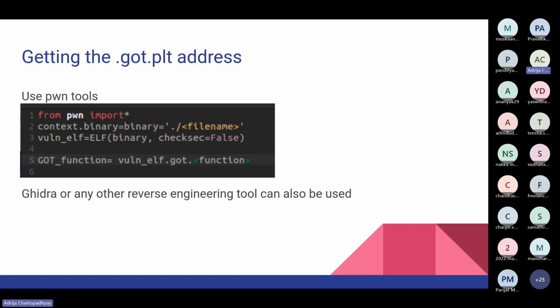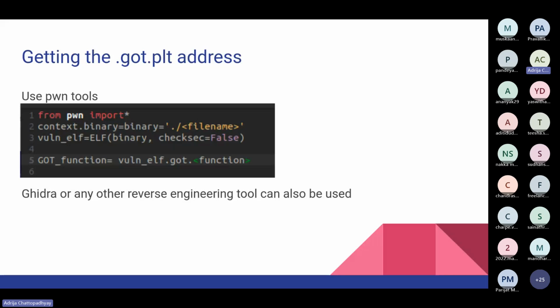Then how we get the GOT entry is, now that we have all our ELF symbols, vuln_elf.got.whatever the function is. So if it's puts, it'll be .got.puts. That's how you get the address using pwntools. You can also get it in Ghidra. You can also get it using GDB with an extension like GEF or PEDA.